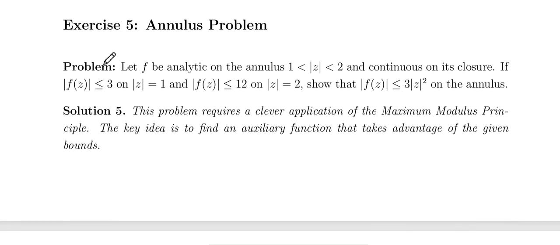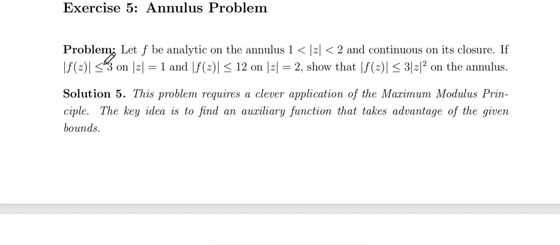And the next problem, f is analytic in an annulus. F is analytic in the annulus region 1 less than mod z less than 2. That means this is the radius 2 circle, this is the radius 1 circle.